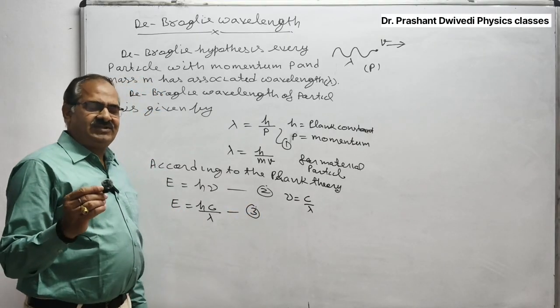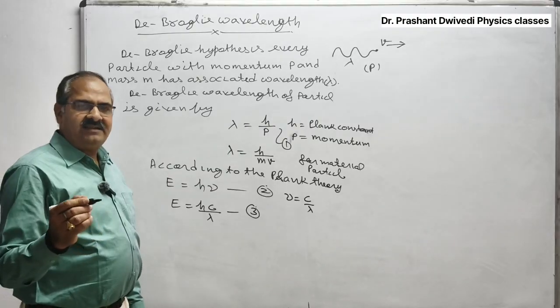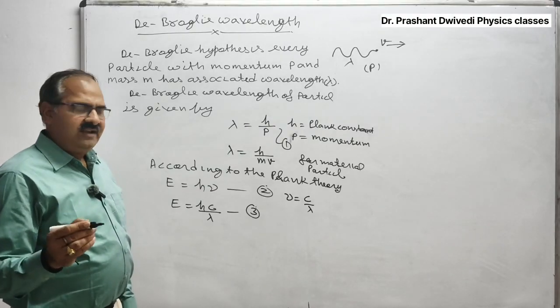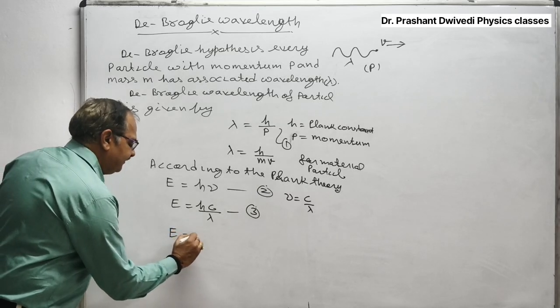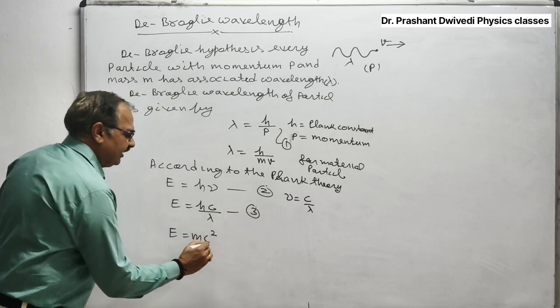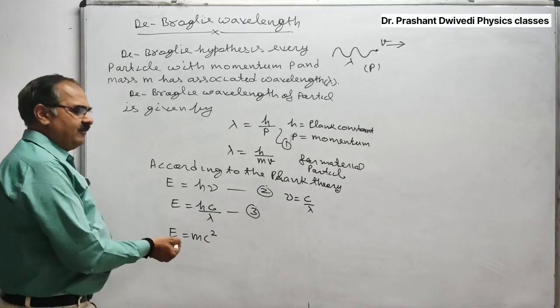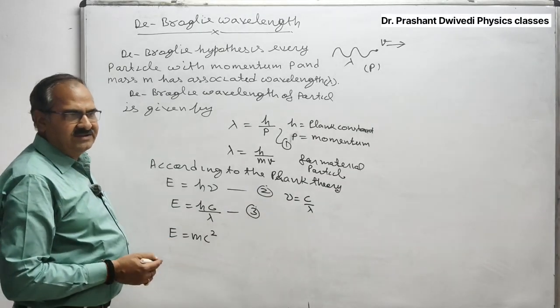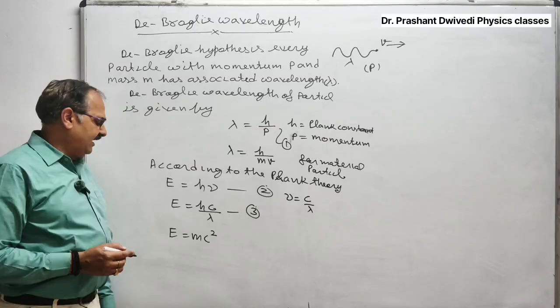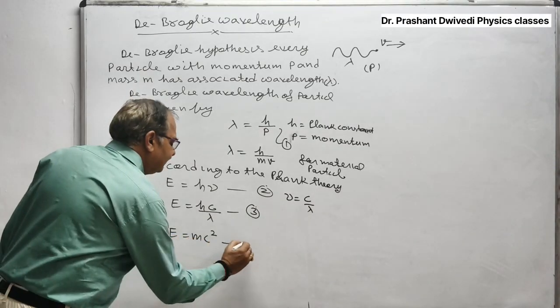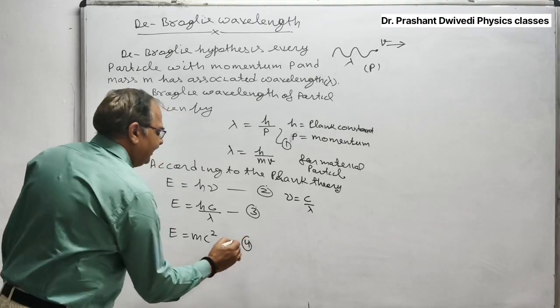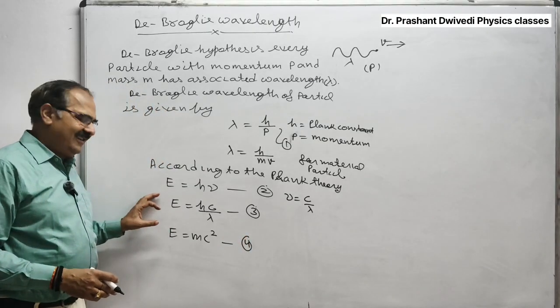According to the Einstein mass energy equivalence relation, E is equal to mc square. This is a well known formula. Equation number 4, which is also energy.